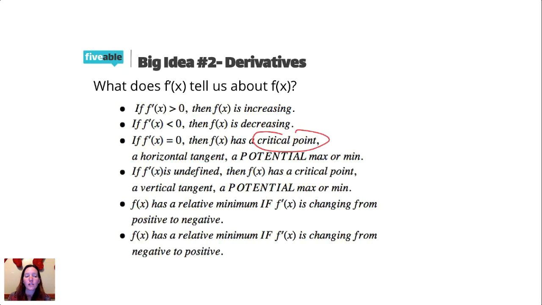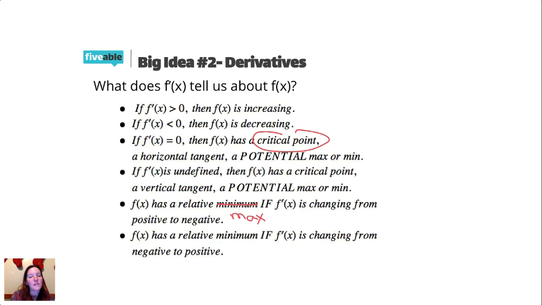It's not always a max or min. So we do call it a critical point, but just knowing that the derivative is equal to 0 is not enough to tell us that it's an extrema. So we have to check for further things there.